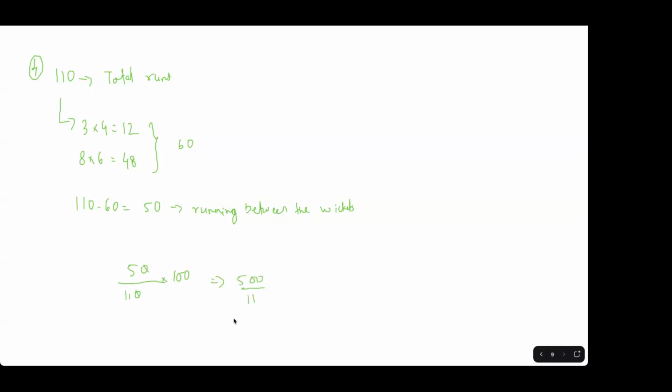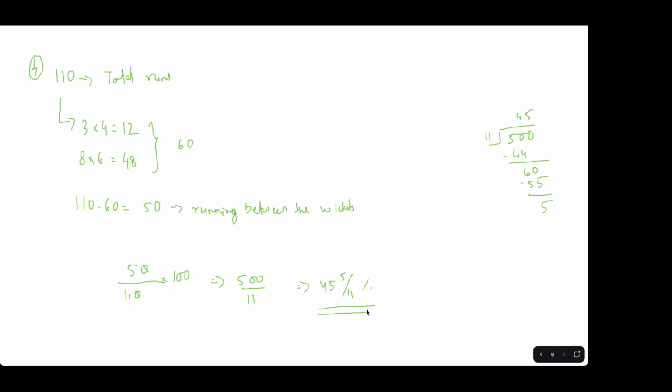Now no need to calculate in decimal, so we'll just calculate in fractions. Okay, so we will divide 500 by 11. 11 into 4, minus 44. You're left with 60. 5 times, so minus 55. 5 remains. So it is 45 and 5 upon 11%. Correct. 45 and 5 by 11.